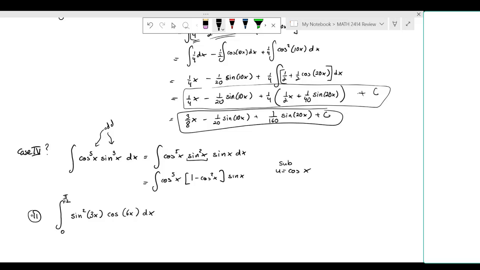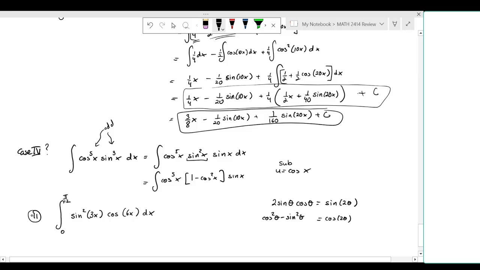So we have some identities. We already looked at the power reducing identities. I guess we should also recall that 2 times sine theta cosine theta is sine of double the angle. And cosine of double the angle can be thought of as cosine squared minus sine squared.